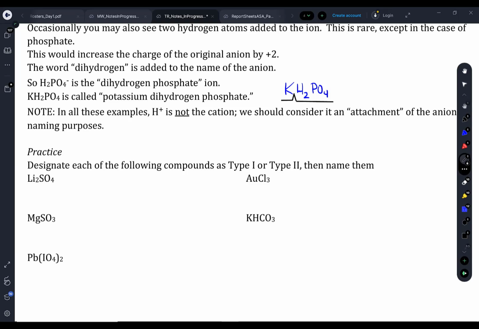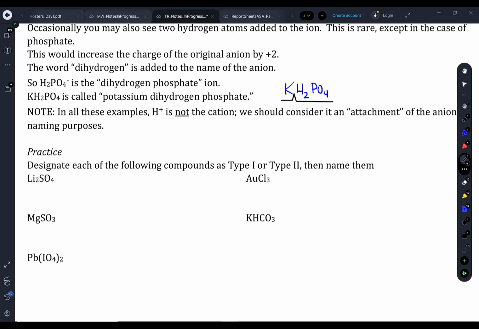So if I ask you, what's the cation, it is potassium. The anion is dihydrogen phosphate. Yeah, H2PO4 -1. Good.